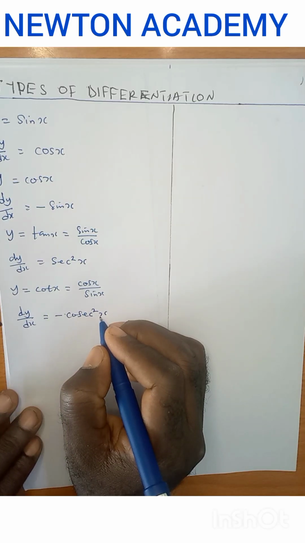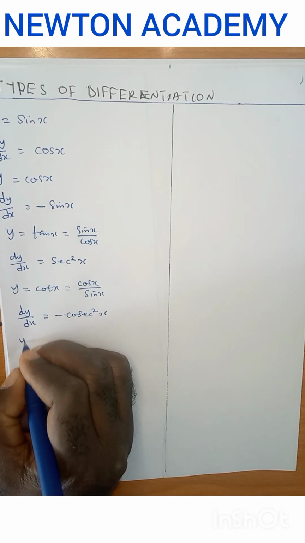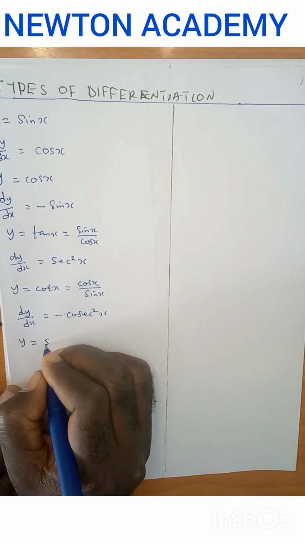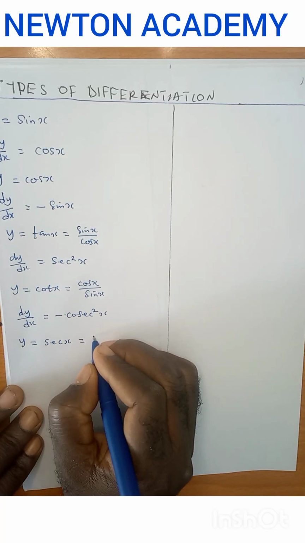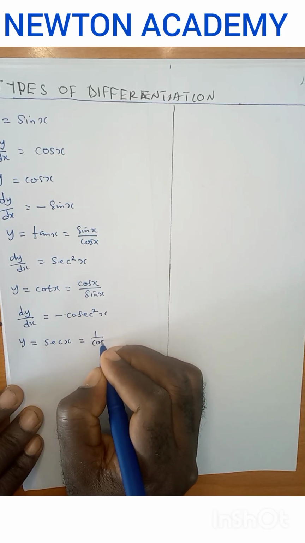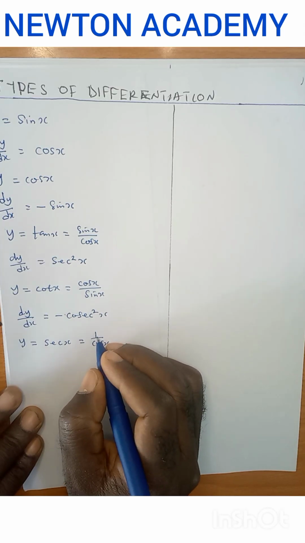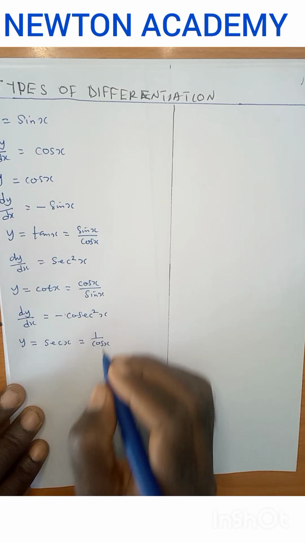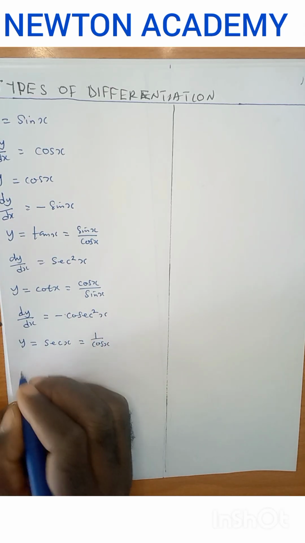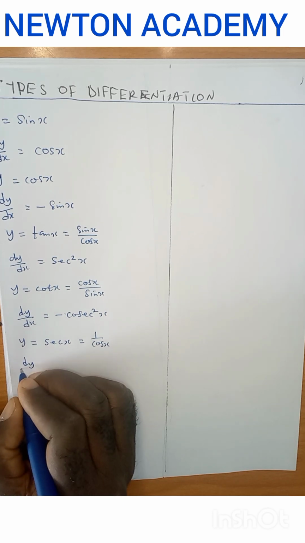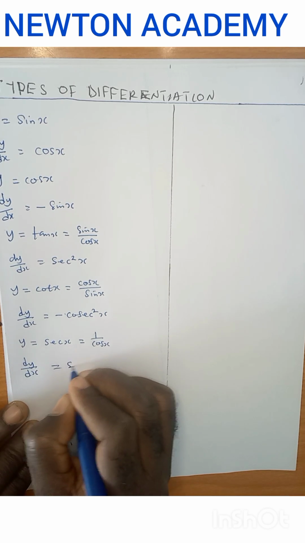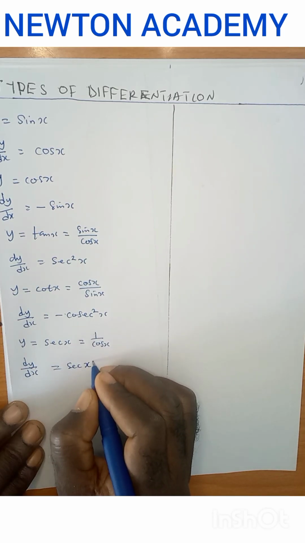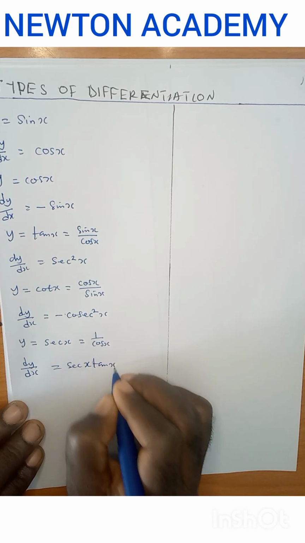Then the next one here is if you have y is equal to sec x, and we know that sec x is equal to 1 over cos x. This one is also in form of fraction. When you use quotient rule to differentiate this, then we have dy/dx is equal to sec x tan x.